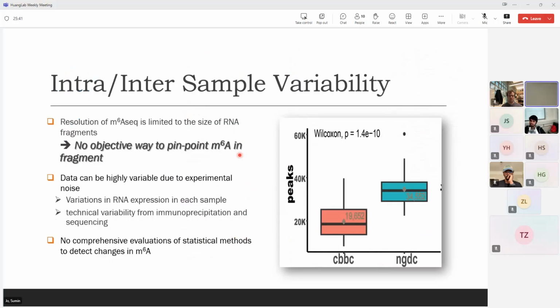Like I briefly mentioned, there are intrasample and intersample variabilities in our dataset. In addition to that, the most important limitation is that these are MeRIP-seq data, not single base data, so we cannot pinpoint the exact M6A site across this predicted peak region.